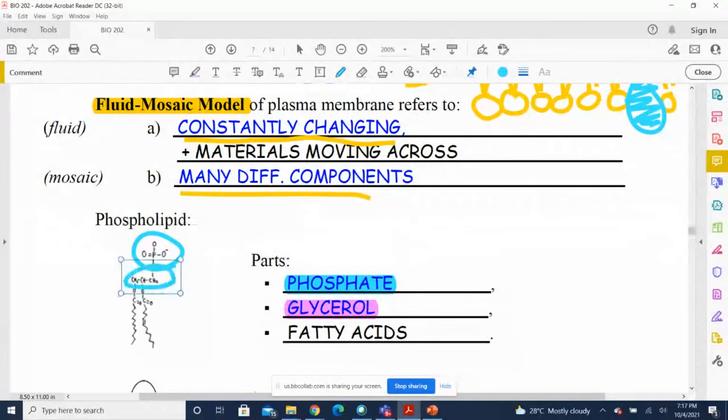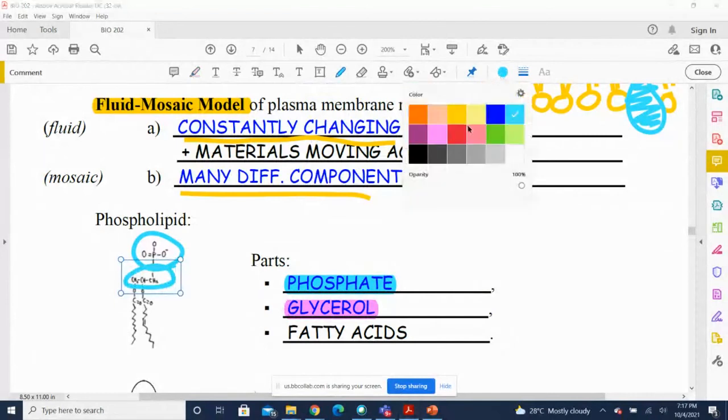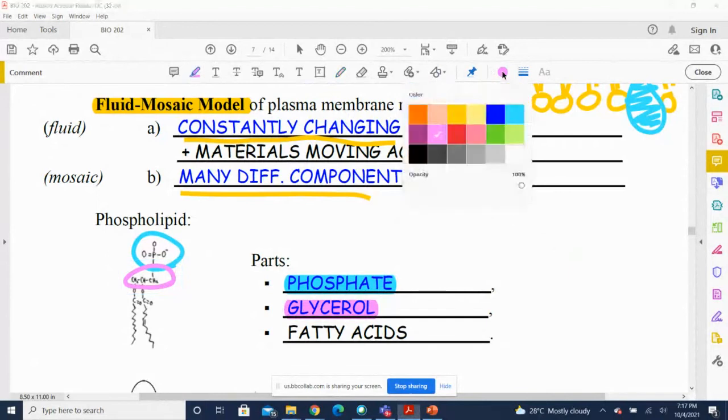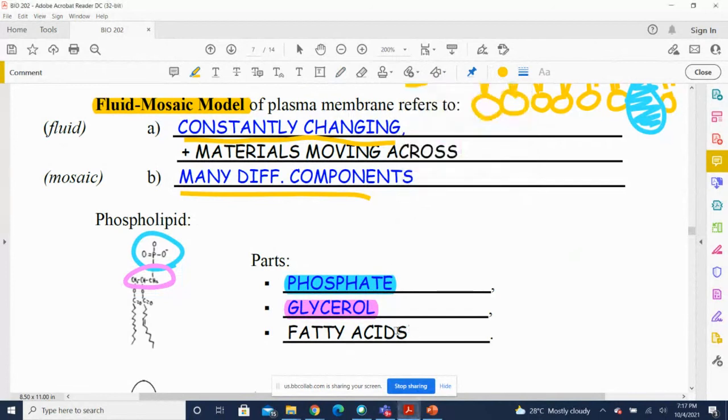And from there, of course, we had also two fatty acid chains. These three parts made up our phospholipid.